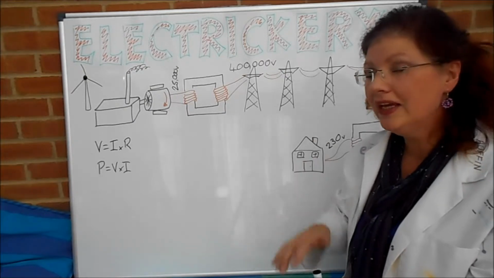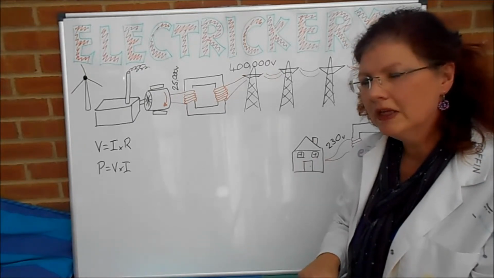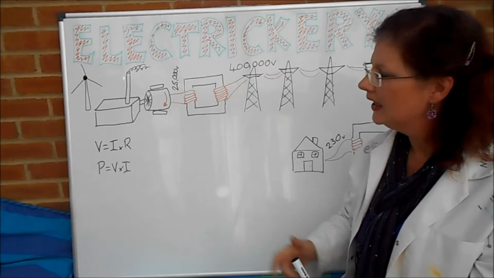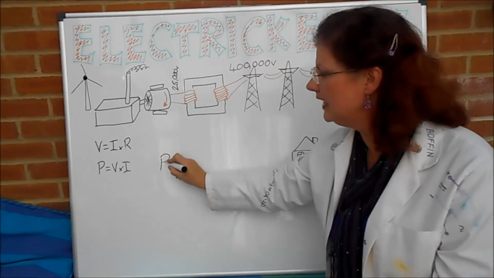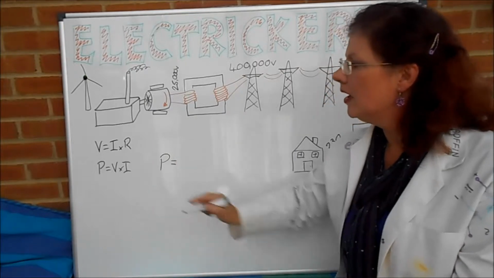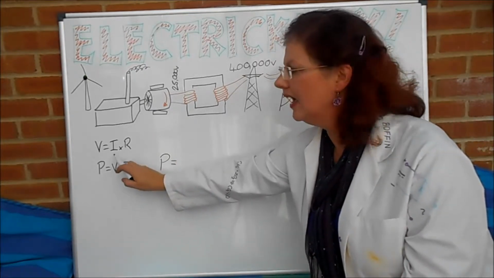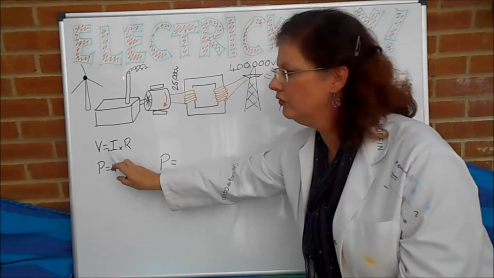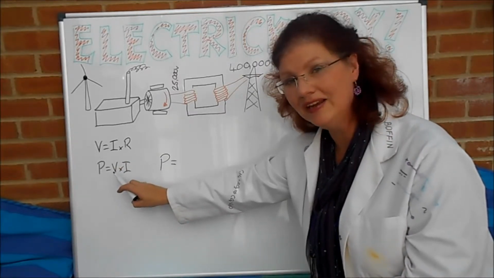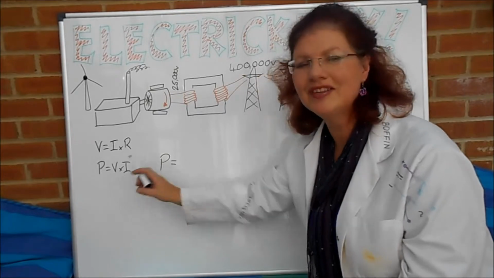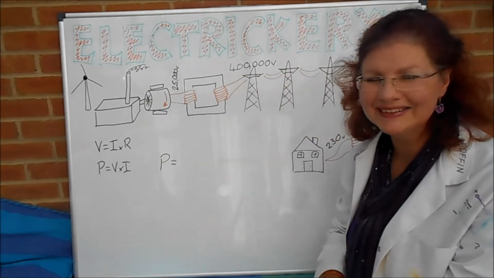Okay, now we can actually combine those two. So a little bit of algebra for you here. I'd like you to write another formula, please, that starts off P equals, but instead of writing the V, I'd like you to write what V is equal to. V is equal to I times R. So you just write out this formula, but instead of writing V, put I times R and see what happens. Okay, you can do that now, please.